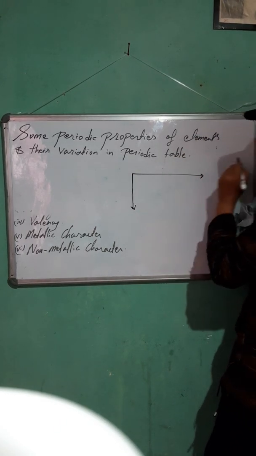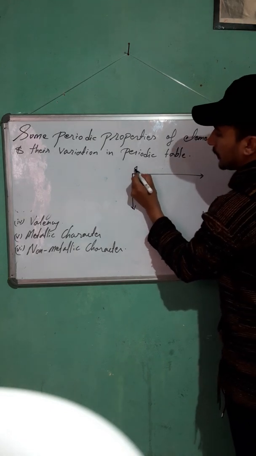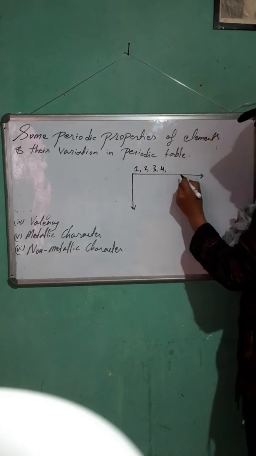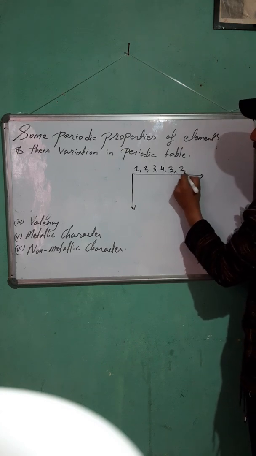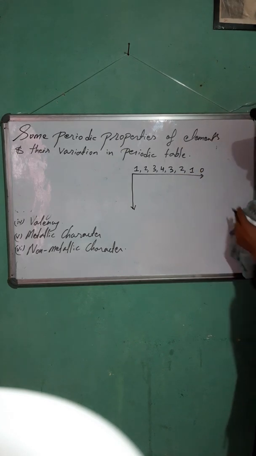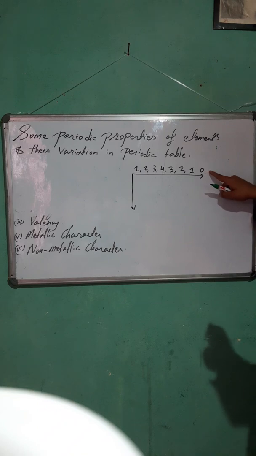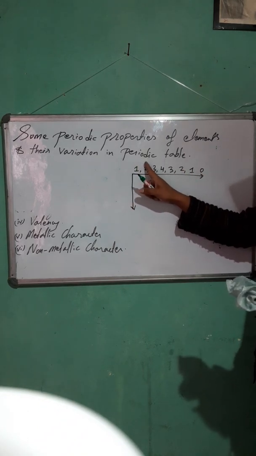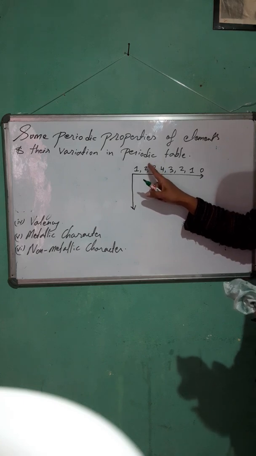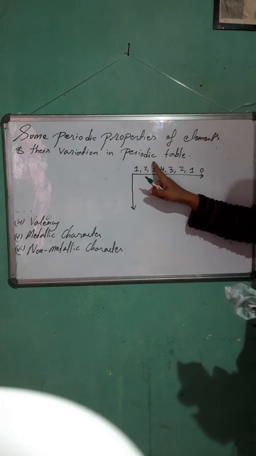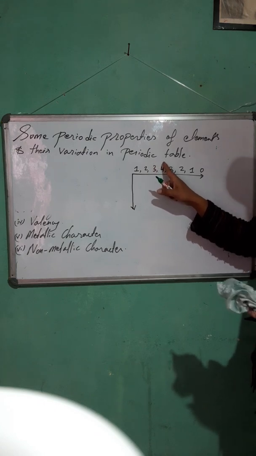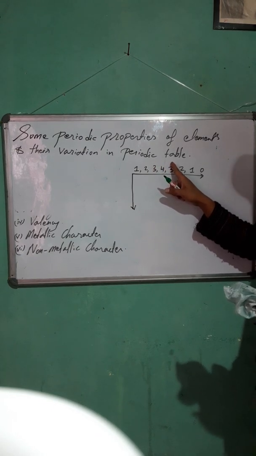From left towards right, valency will increase like this: 1, 2, 3, 4, and again it will decrease: 3, 2, 1, and ultimately becomes 0. For inert gases, valency is 0. For group 1 elements, valency is 1. For group 2, valency is 2. For group 13, valency is 3. For 14, valency is 4. For 15, valency is 3, like that.